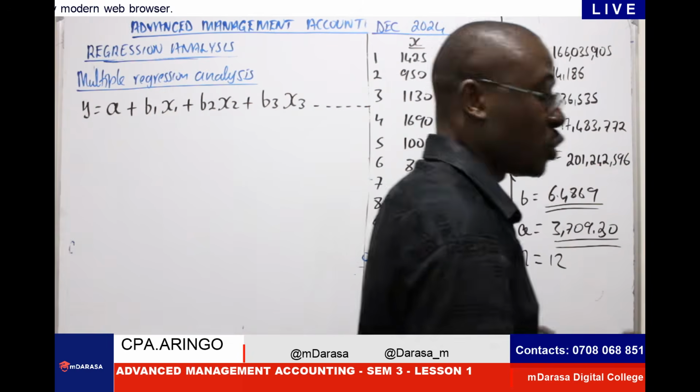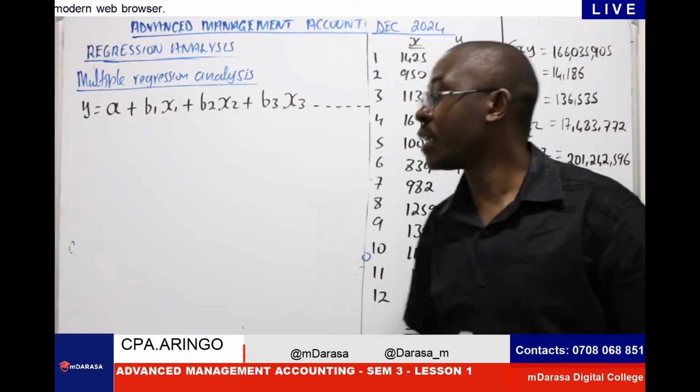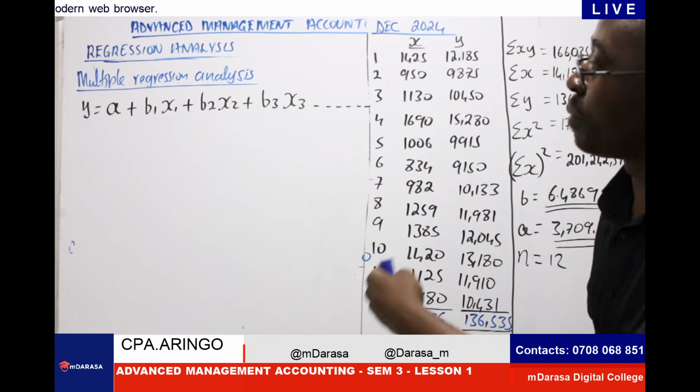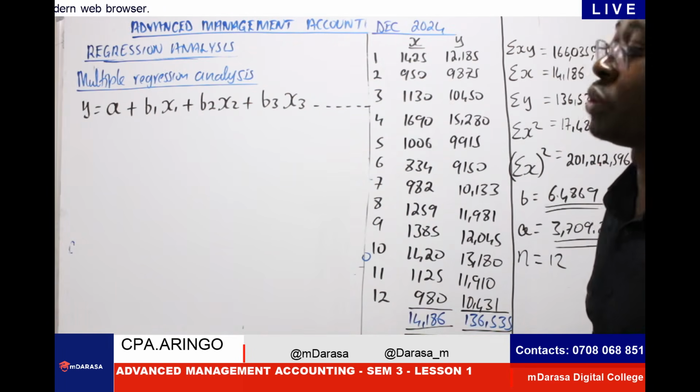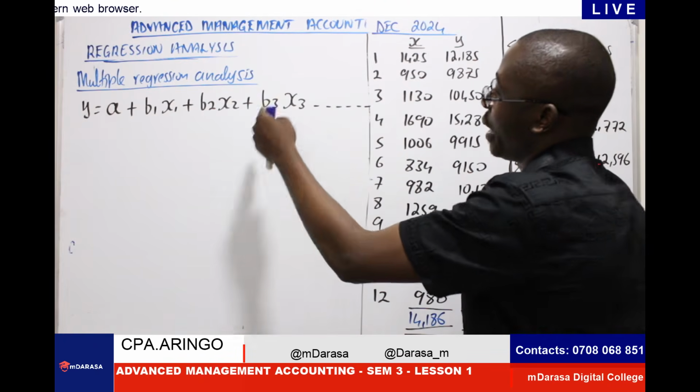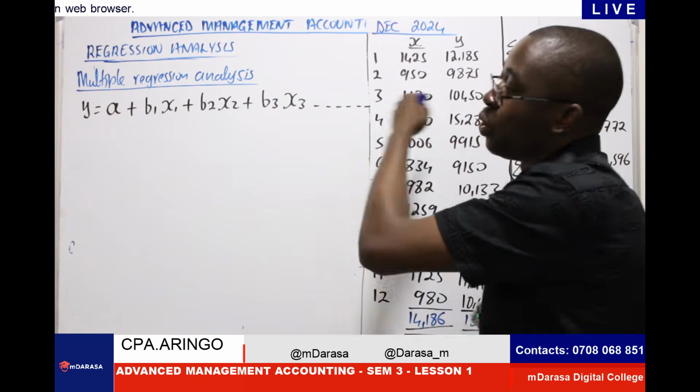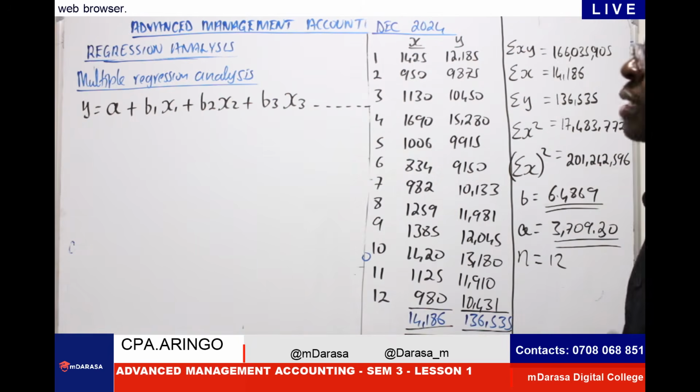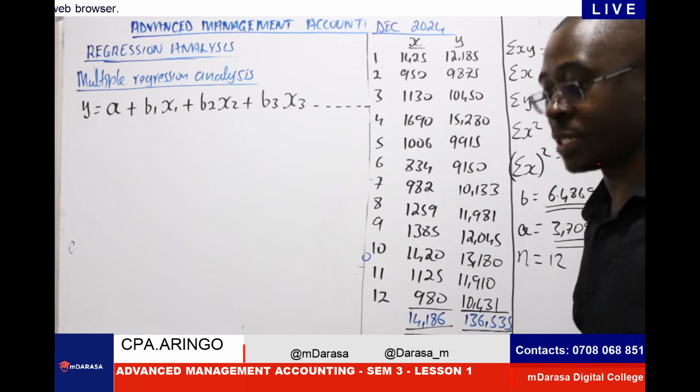We're looking at a situation whereby I am having more than one predictor variable: X2, X3, X4, all the way. But the concept of regression is just the same.